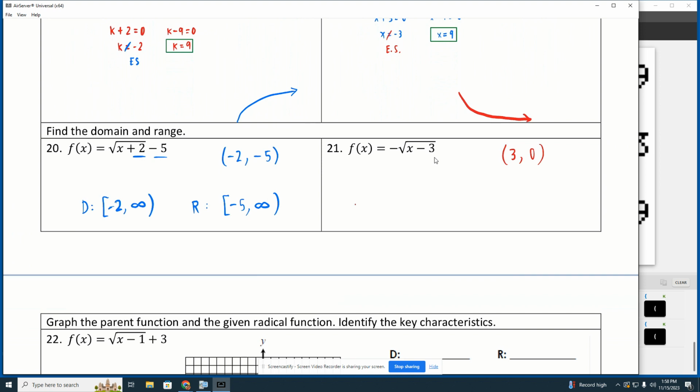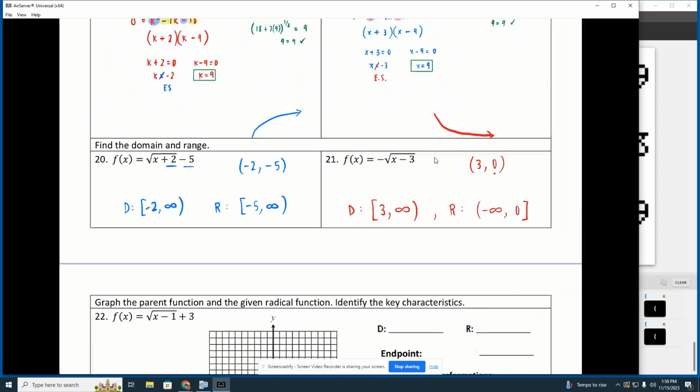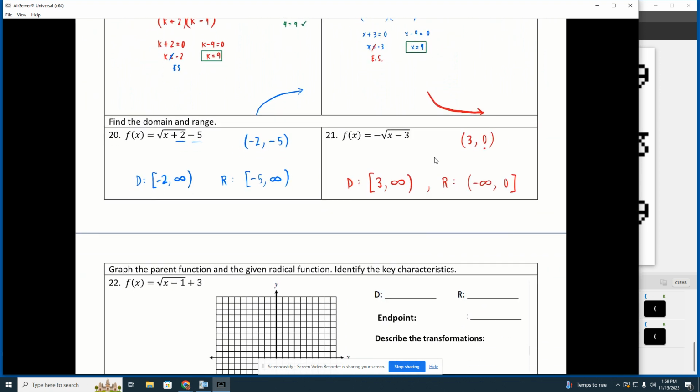Well, for domain it means nothing really. It's going to start at 3 and it's going to go right forever. But range, this thing is going to come down forever. So y is never limited downward. But y is limited up, and that of course is 0. It won't ever go above 0. So you can name the domain and range without even having to graph it.